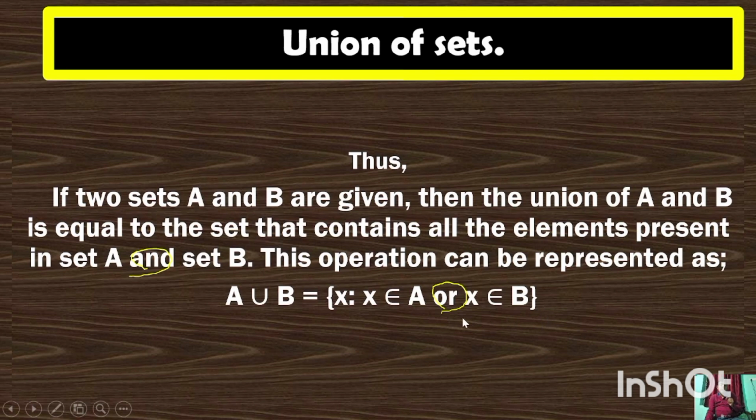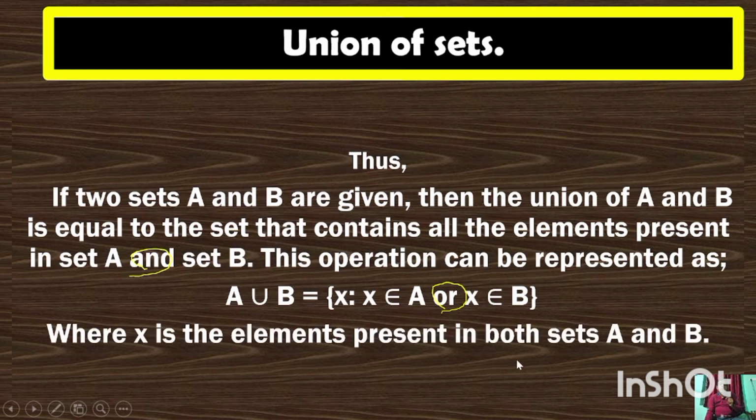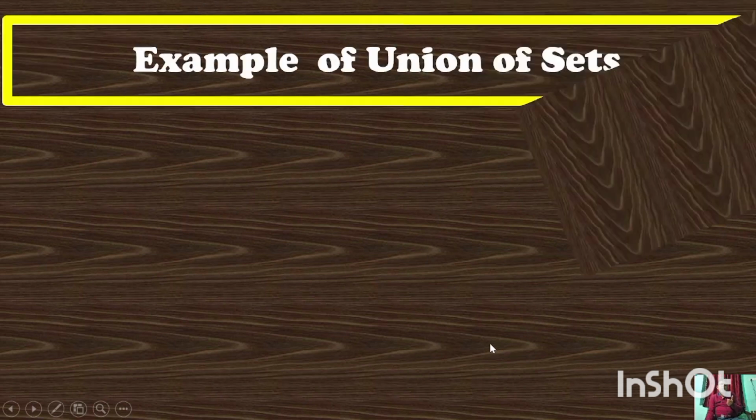Is it clear? The operator OR stands for the union set; it indicates that the element may be in the set A, or may be in the set B, or maybe both sets. So x is an element present in both sets A and B, or either in the set A or in the set B. Is it clear? So let's see with an example.